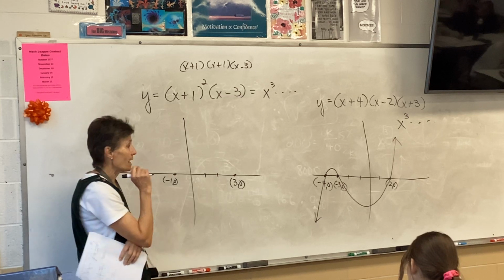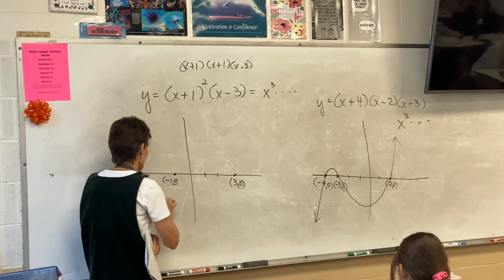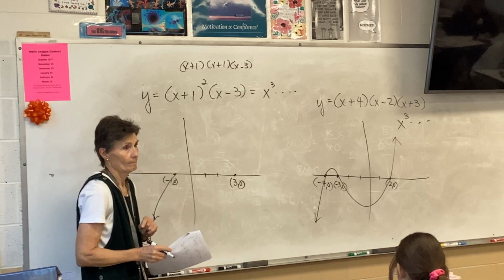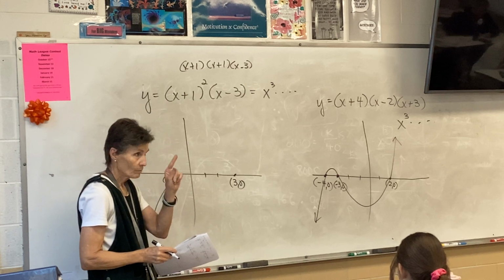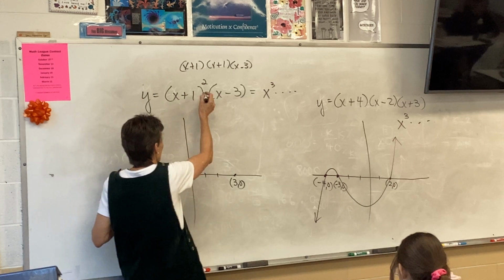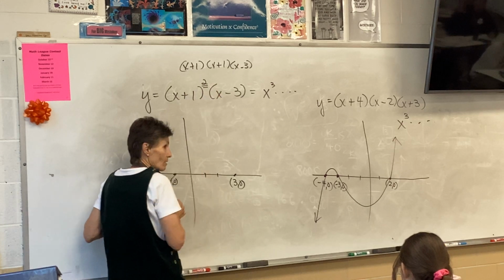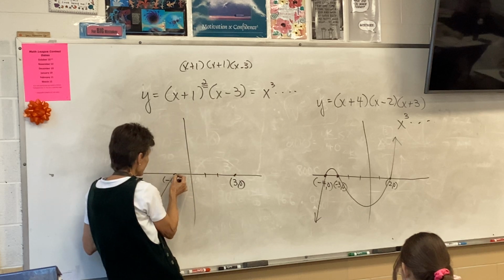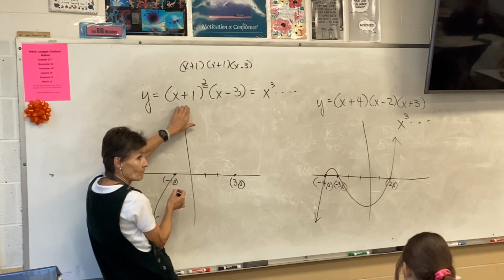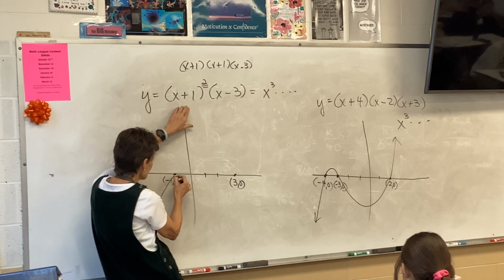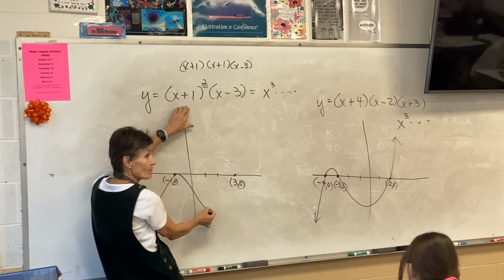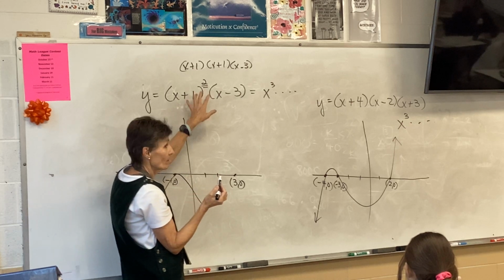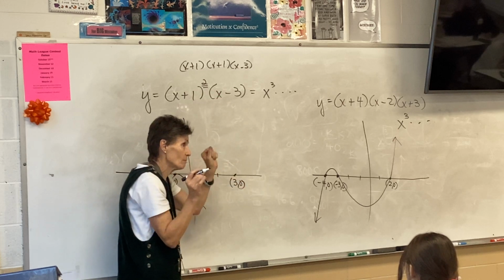Right? Now, it is still starting down here. That's how x cubes do. Now, because that factor is squared, when it hits that 0, this is the 0, -1 is what came from this parentheses, it bounces off. Think of it like this: whenever you have x squared, what shape do you have?